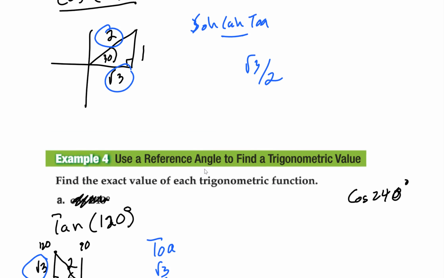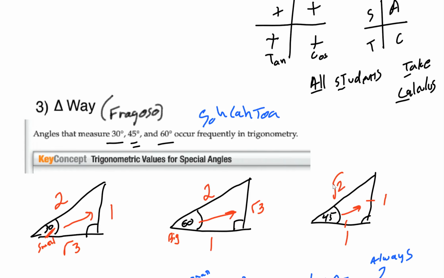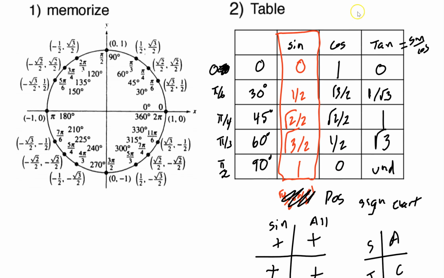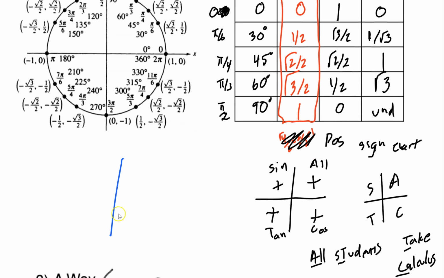Now, this is where the chart method gets a little more fun. So I have tan. It was a 60-degree triangle, so right here, and right here it says radical 3. How do I get the negative? Well, remember our picture: All Students Take Calculus.